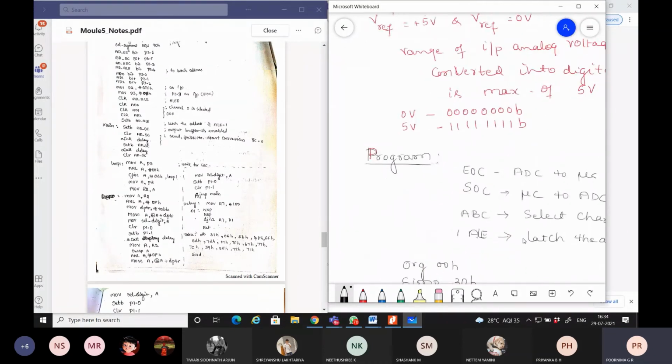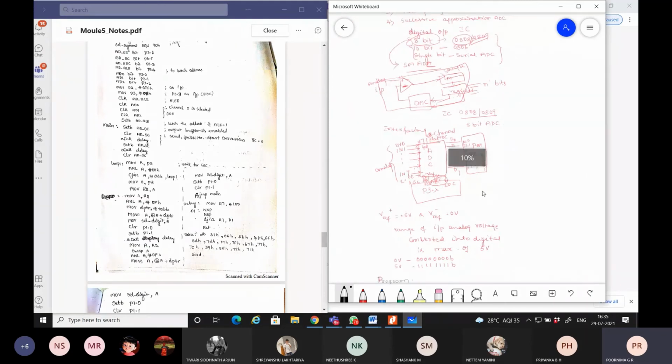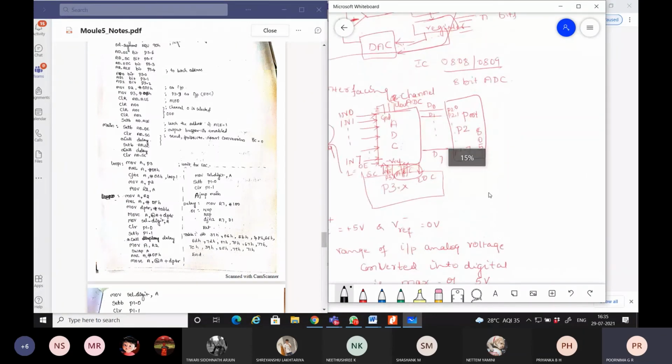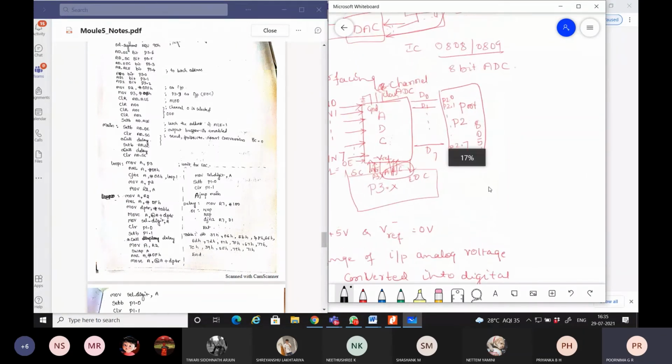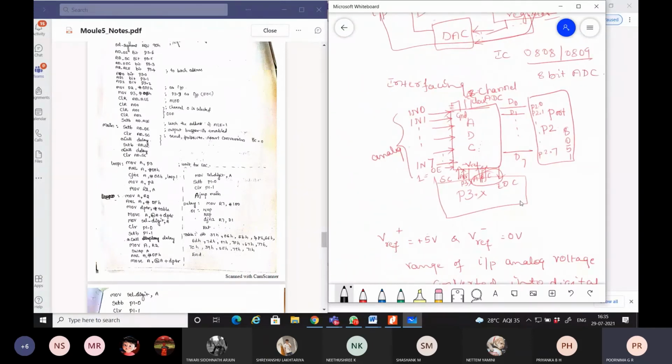If you look at here, this process is very simple. It's getting hanged up, so wait for a minute.